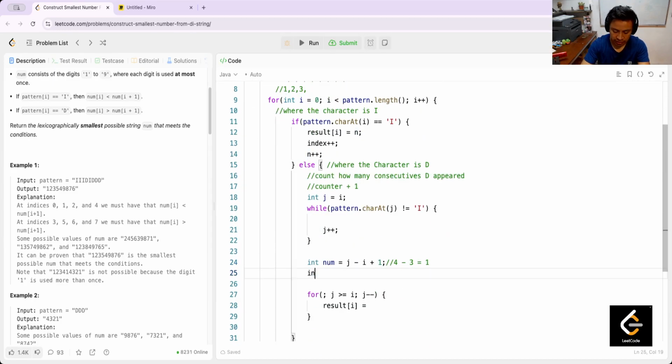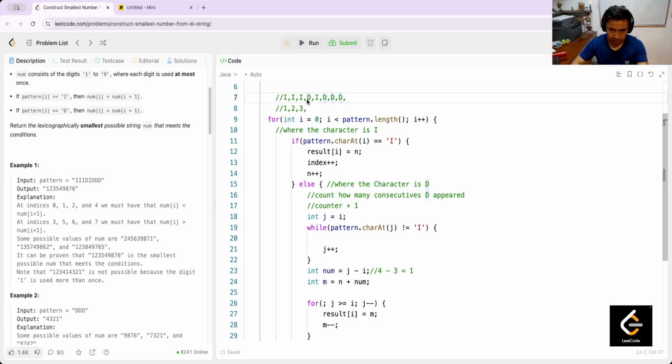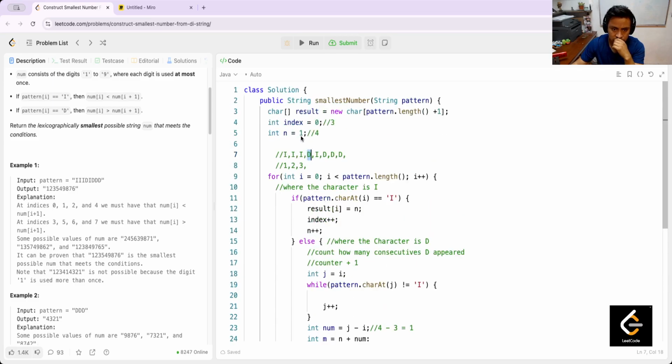I need another bigger m, it's equal n plus num. In this case n, 4 plus 1 is 5. Okay, means that I need to put here m less. Okay, in this scenario, for example, I am here, and currently the number n it's equal 4.